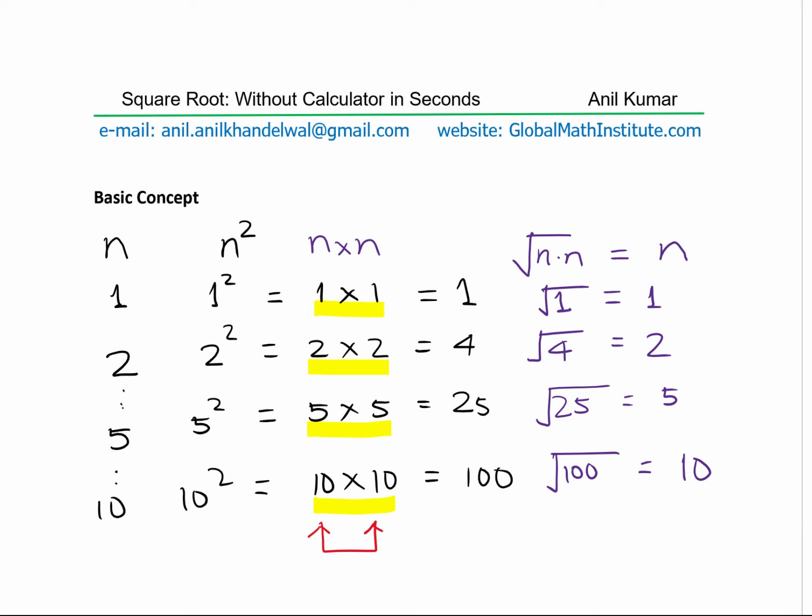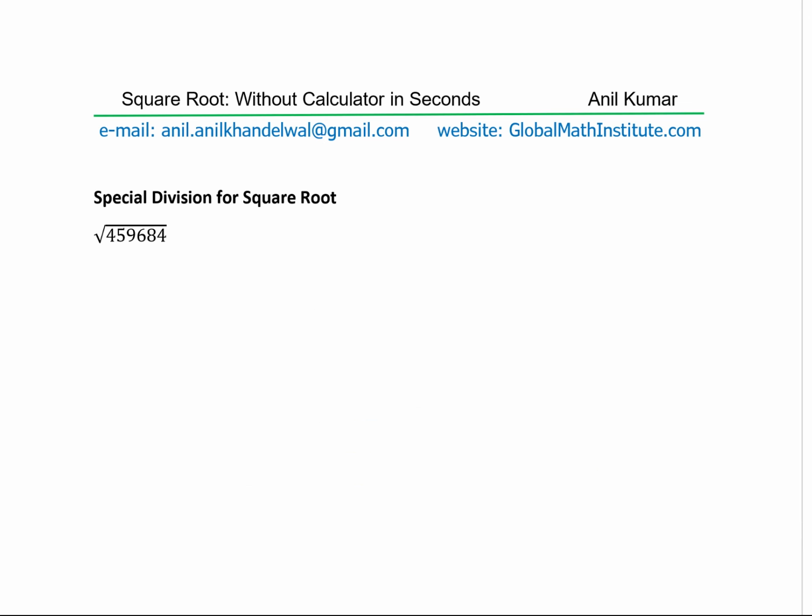Now let's begin with the major exercise, and we are going to find the square root of a very big number, 459,684, and that too without a calculator. Let us see how to do this. Let me write down this number here slightly bigger so that it helps us in understanding what exactly is going on.